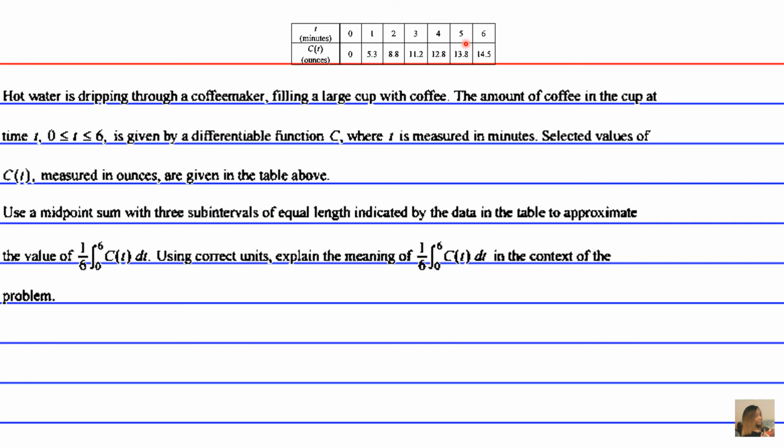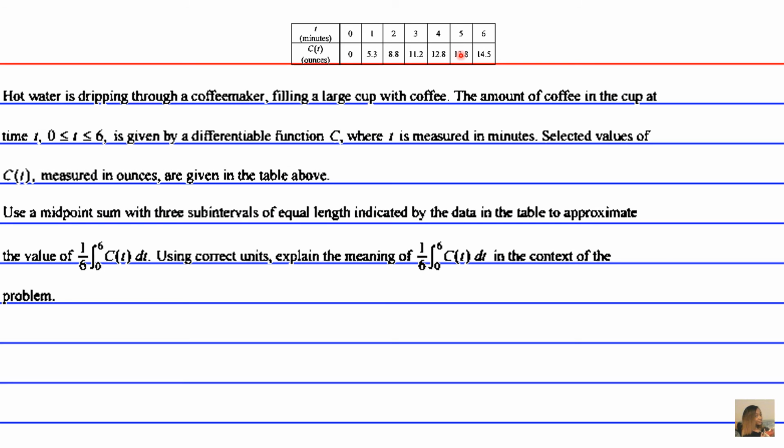Again, the reason we're doing this is because we're using the data in the table to approximate the value. This was the most tricky part to comprehend. When all is said and done, after we finish our calculation, you need to know that we're making rectangles, because we have a height, which is c of t, represented by these values, and we're eventually going to multiply that by a width.